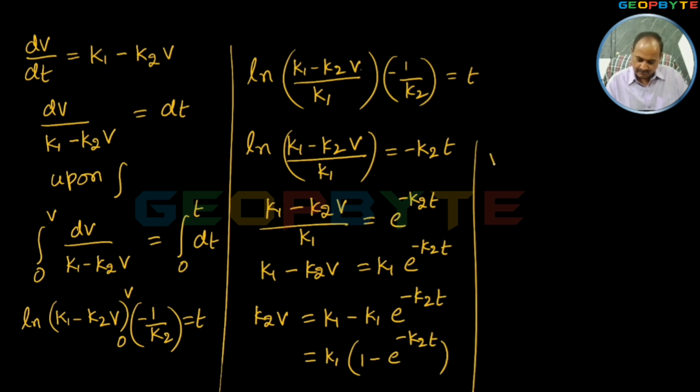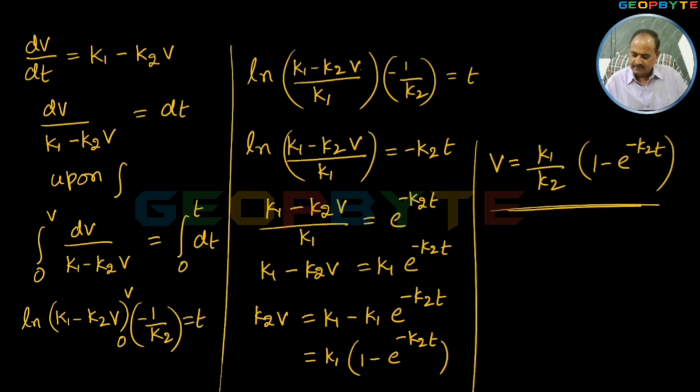From this, velocity v equal to k1 by k2 into (1 minus e power minus k2 into t). So this is the relation between the velocity and time. Here k1 and k2 are constants. This is the velocity time relation.